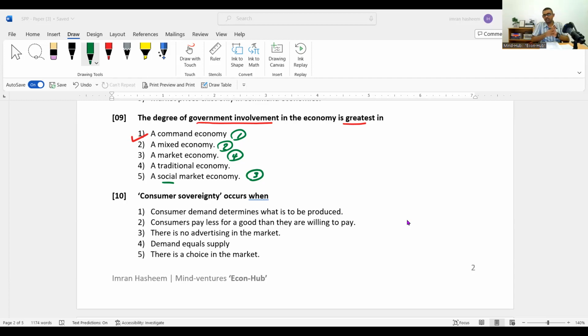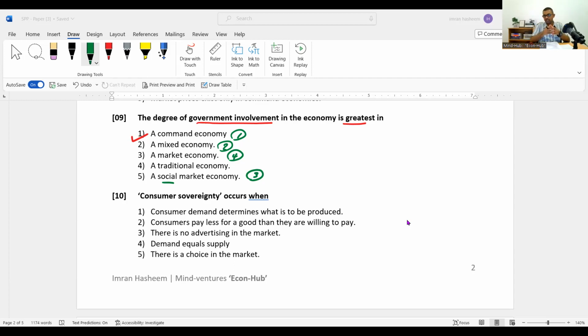Of course, consumer sovereignty is something we see mainly in a market economic system, a free market economic system, where there has to be competitive markets, perfectly competitive or competitive markets. Perfect information needs to be there. Then we expect there to be a relatively high degree of what sovereignty?